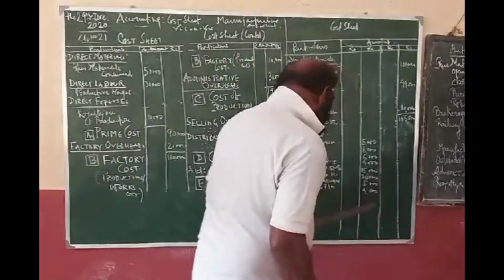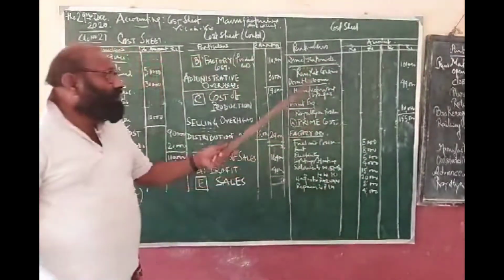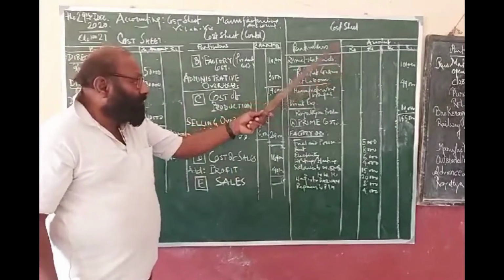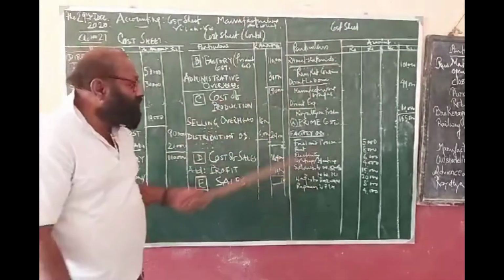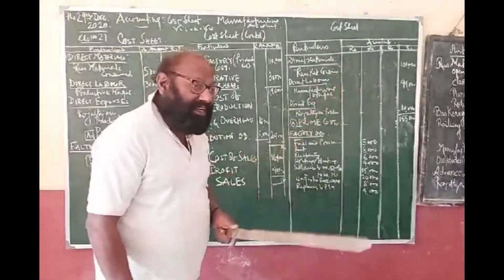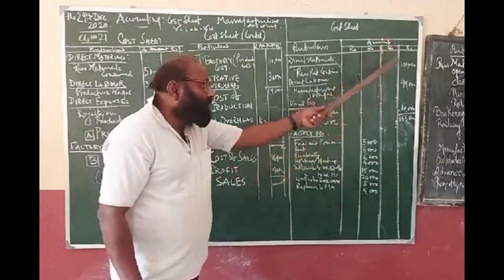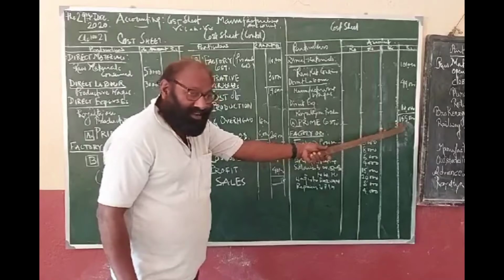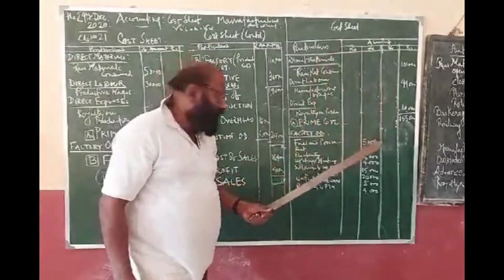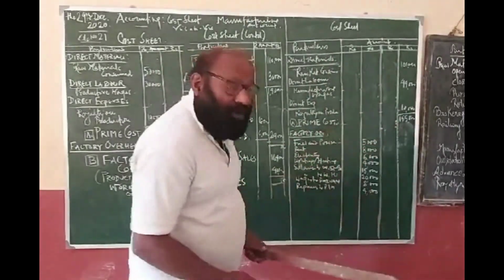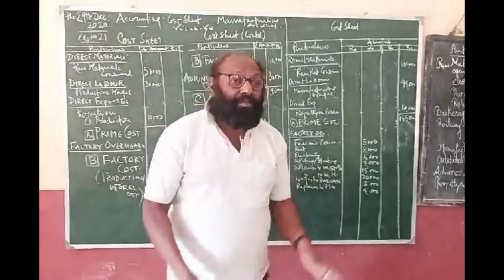Just consider raw material directly charged, manufacturing wages directly charged, production royalty and production directly charged. All these total direct costs are known as prime cost. Then comes factory overhead or works overhead or production overhead.